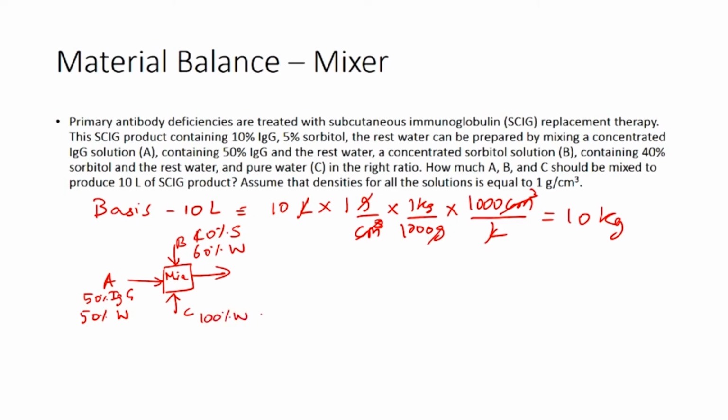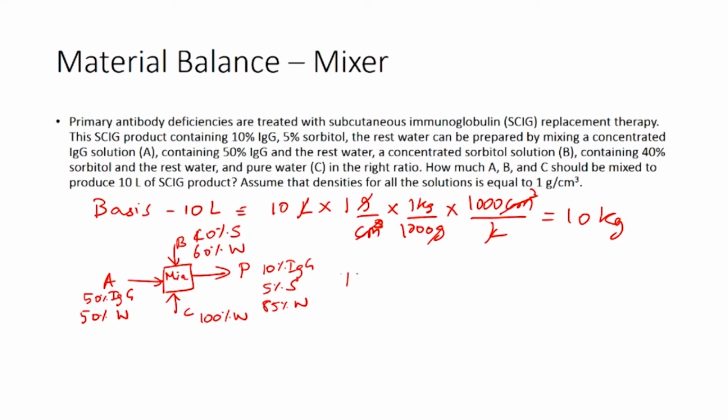Your final product which you have formed, which we will call P, is 10% IgG, 5% sorbitol and the rest, which is 85%, is water. Now that we have all this information in the flow chart, let us try and calculate the actual flow rates for each of these streams.